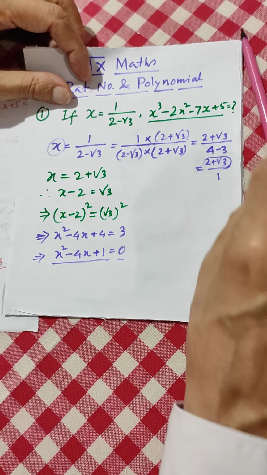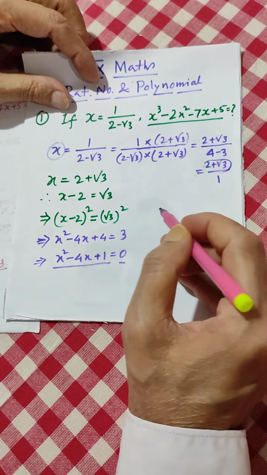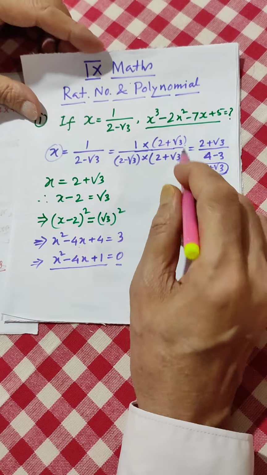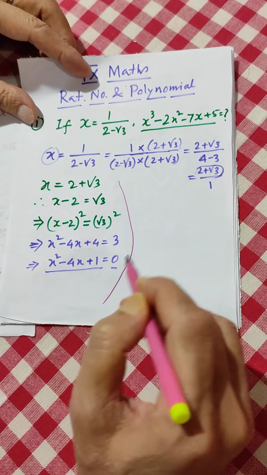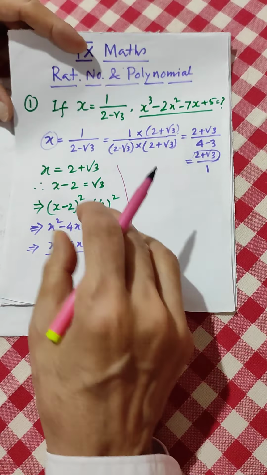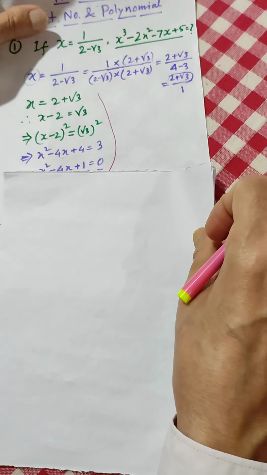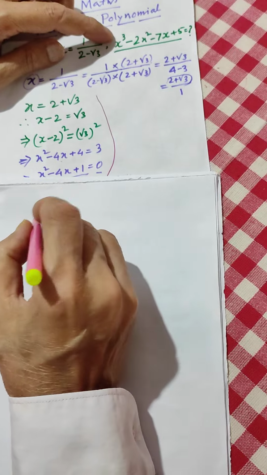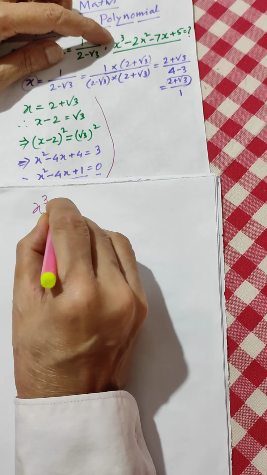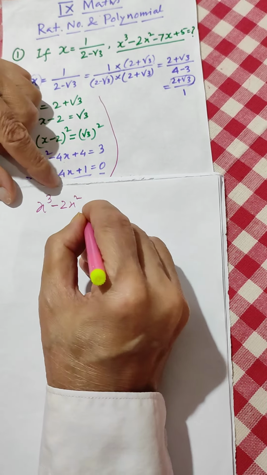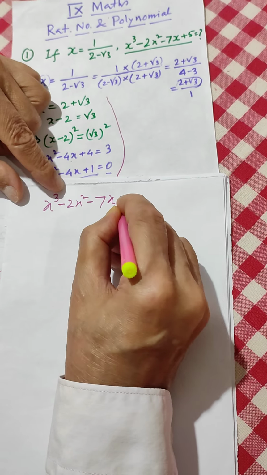Now let us see the given expression, whose value we have to find out: x cube minus 2x square minus 7x plus 5.